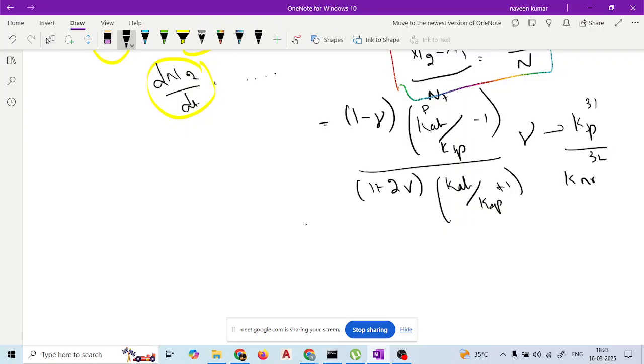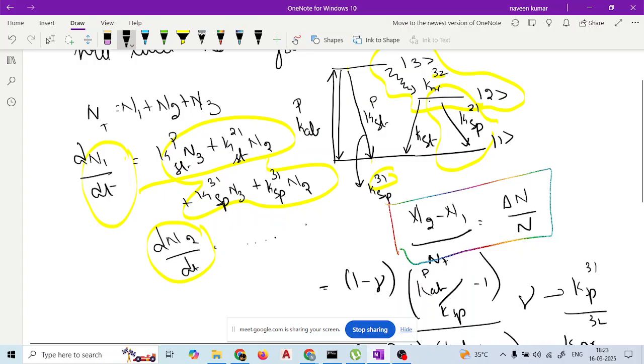So we can write stimulated K N3 plus stimulated 2 to 1 N2 plus spontaneous 3 to 1 N3. The same goes for dN2 divided by dt, and ultimately we want to achieve the population inversion and see how to separate N2 minus N1. These two phenomena have a role to play.